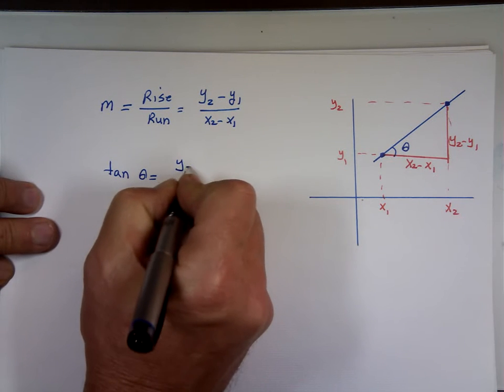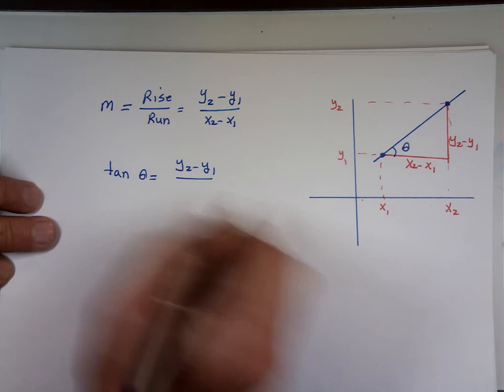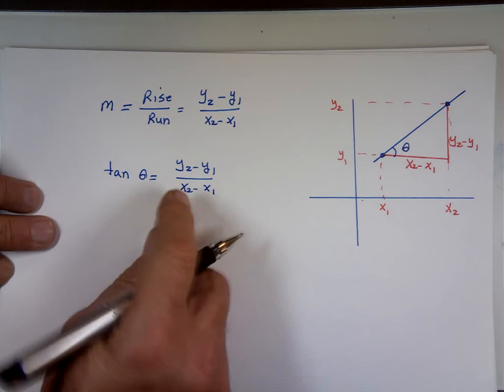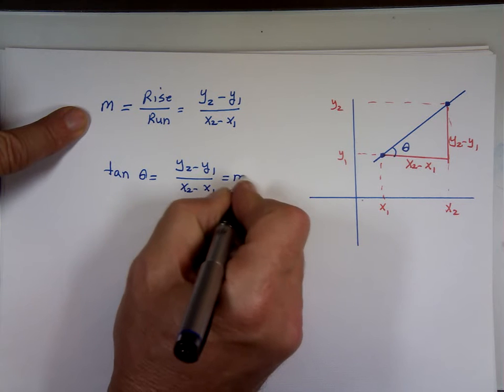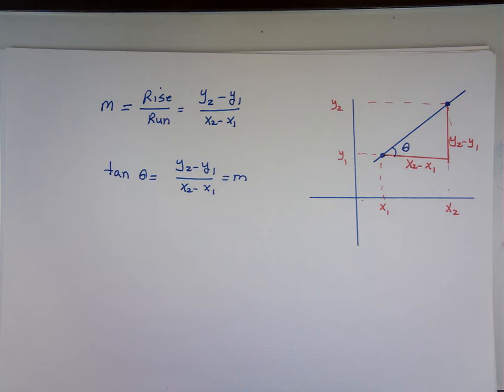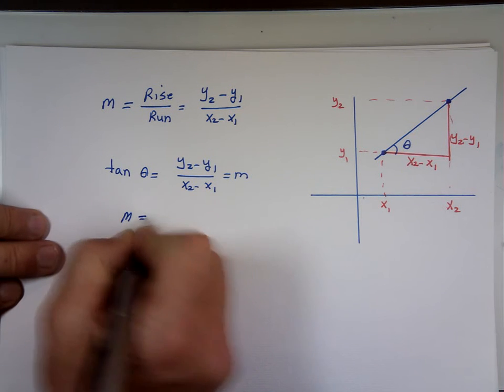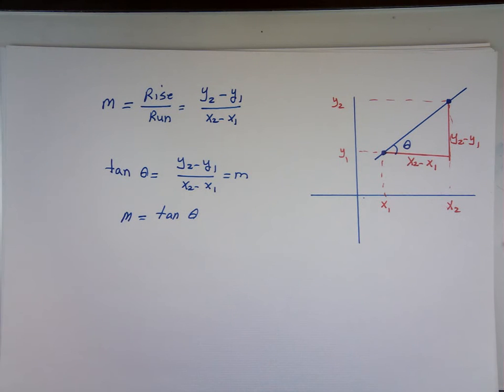Y sub 2 minus y sub 1. What's your adjacent? Minus what? Hey, wait a minute. Isn't this equal to m? So guess what? Your slope is actually tangent theta. That's what the slope is. So if you want to bring the trig back, that's what m equals to.